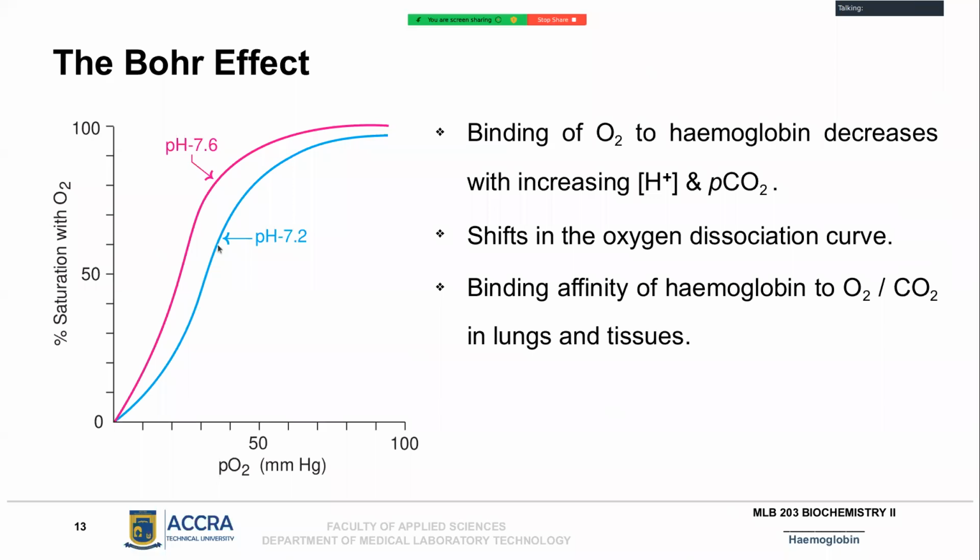If you take the saturation of the hemoglobin molecules against the partial pressure or the concentration of oxygen in the tissues, you realize that the graph shifts to the right compared to what happens in the lungs.